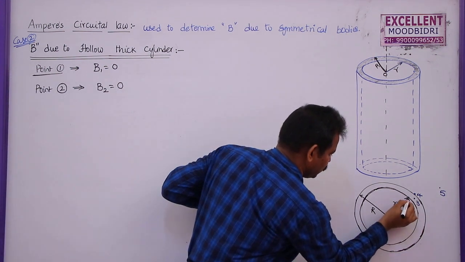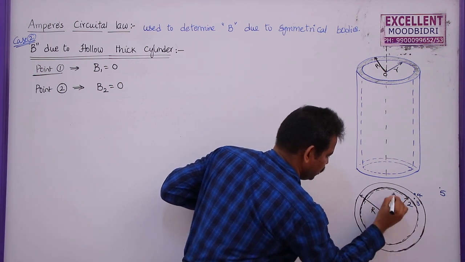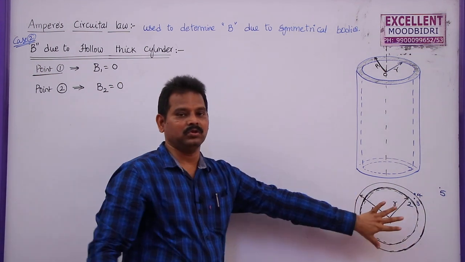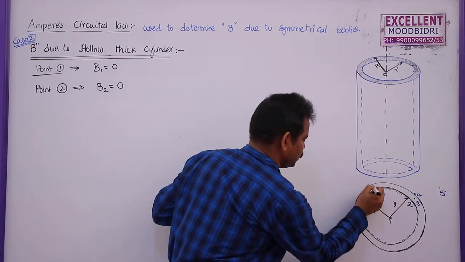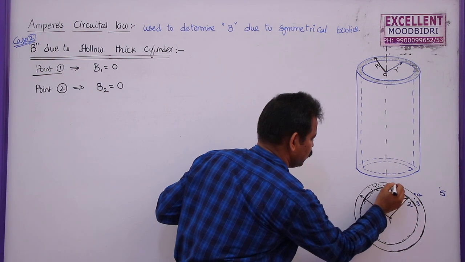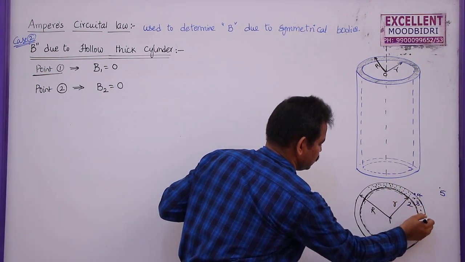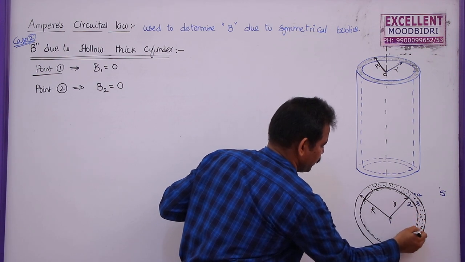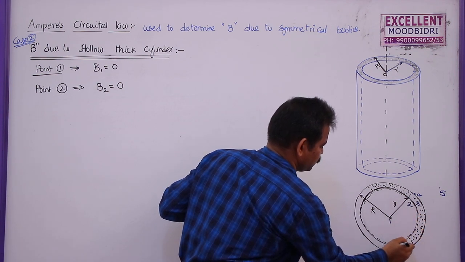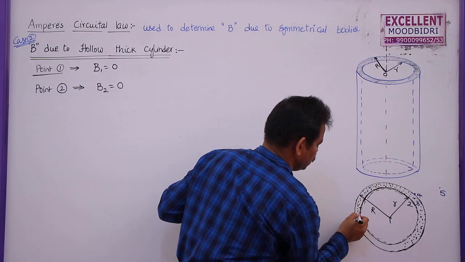Because if you draw an Amperian loop through this point, even this loop will not enclose any current, because current is passing only through the material between the second and fourth points. So current is passing only through this surface.